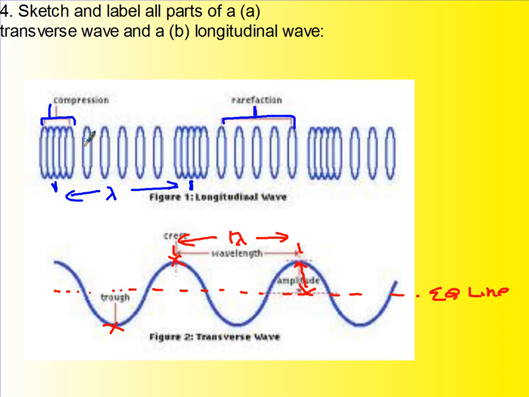You do need to be able to put compressions and rarefactions to a sinusoidal line. Remember, your compressions always go to crests, while the center of your rarefaction always goes to a trough.